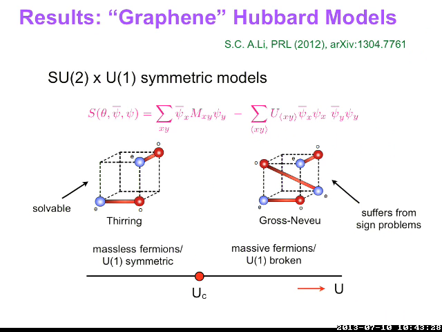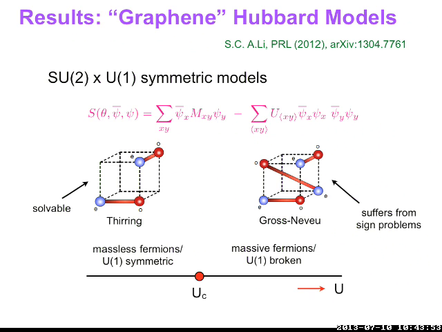These models are actually solvable. There's no sign problem in the traditional approach. But then there are also other models where you can introduce more interesting interactions, for example on a body diagonal or on a diagonal of each square, which can actually change the symmetry from a U(1) to a Z2. So we can look at all these different Gross-Neveu type models.